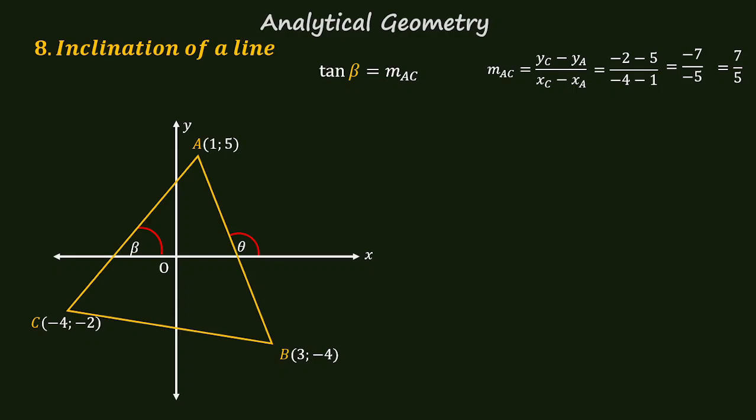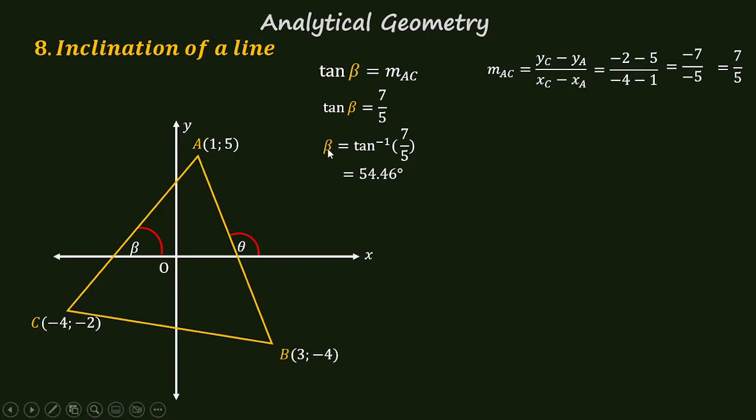Using the relationship between the angle beta and the gradient of the straight line AC, we know that the tangent of the angle beta equals the gradient of AC. So tan beta equals 7/5. We can use our knowledge of trigonometry to find the angle beta. Beta is given by the arctan of 7/5, and that gives us 54.46 degrees.